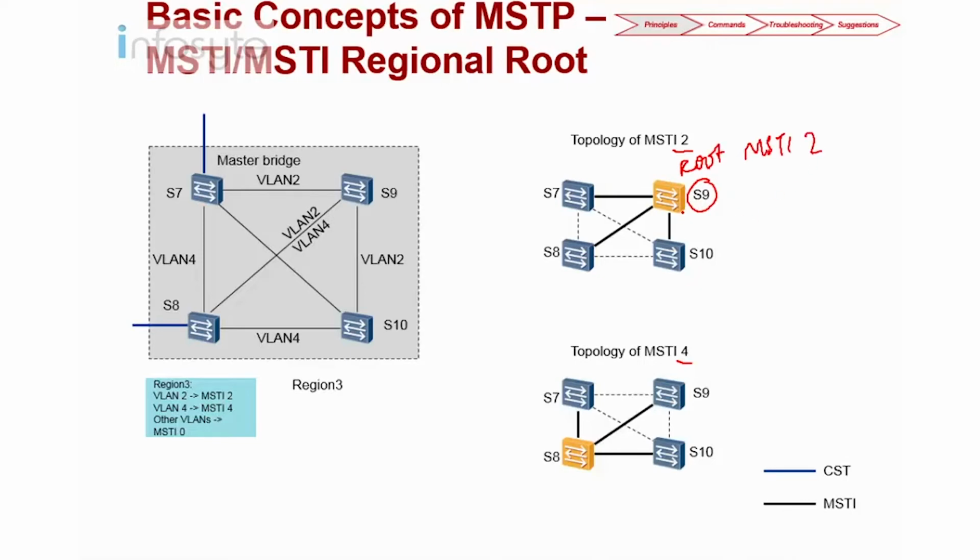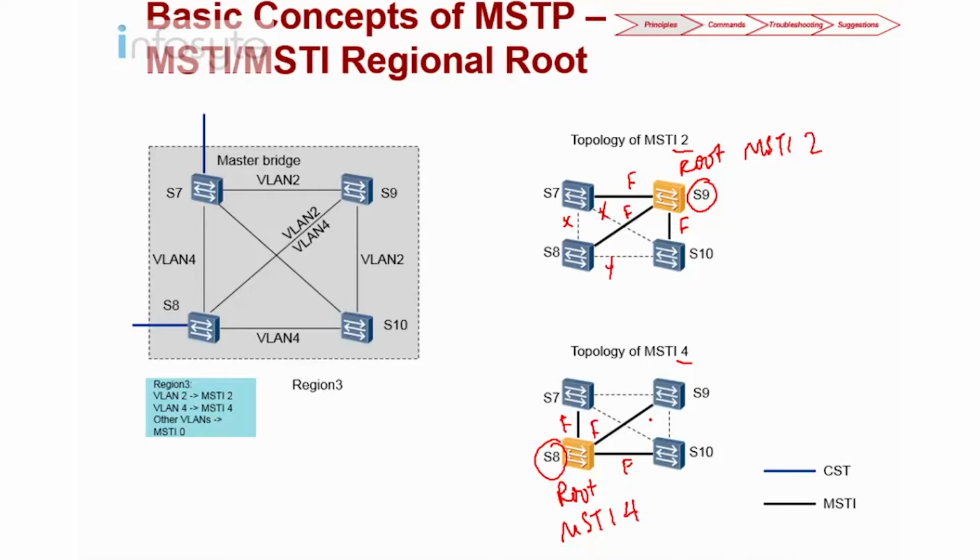Now, since you are the root, you can see that here we have our forwarding port, whereas here we have our blocking port. Alright, and for the instance 4, switch 8 is the root. Okay, so for the MSTI number 4, I am the root. So this is forwarding state.